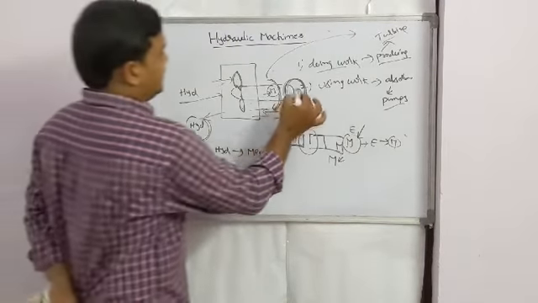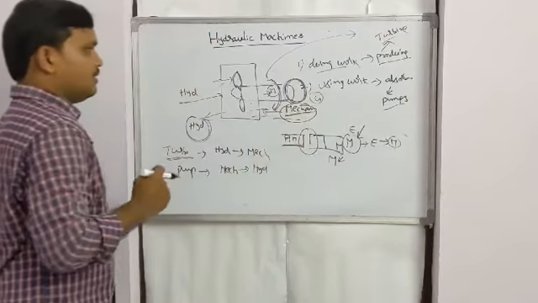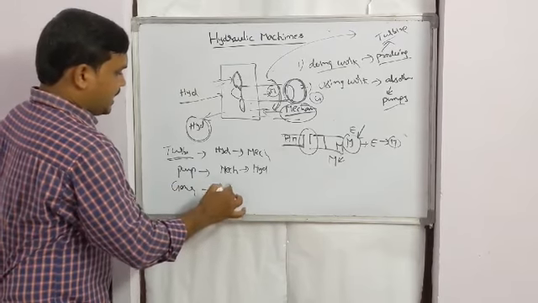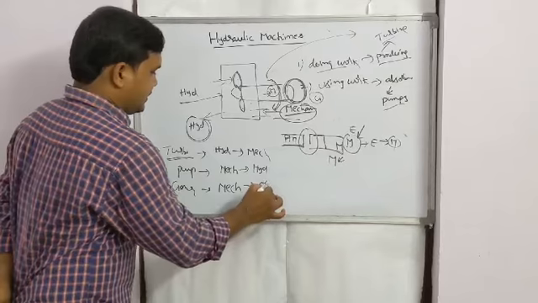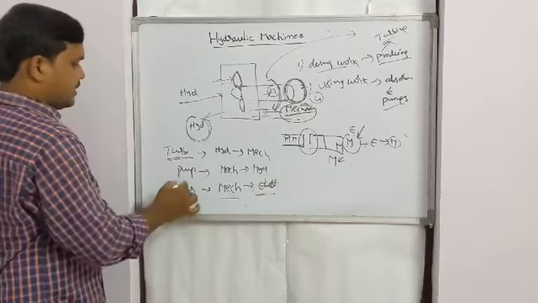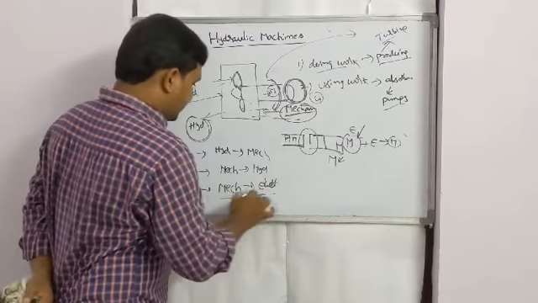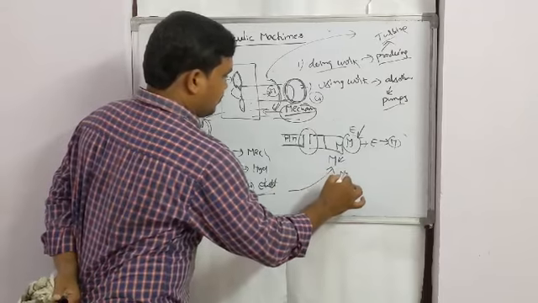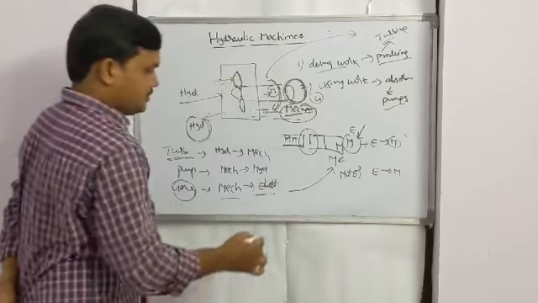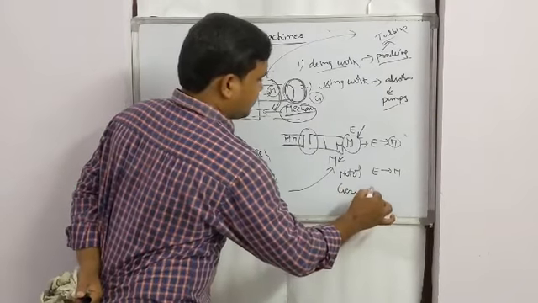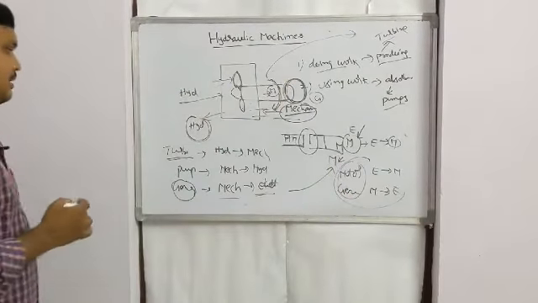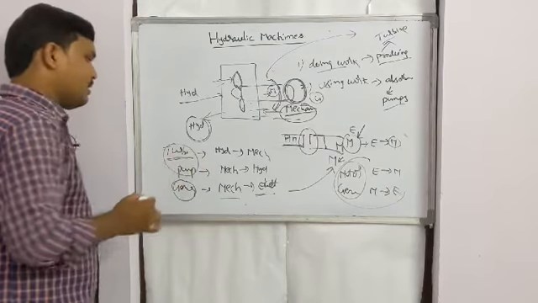What does the generator do? The generator converts mechanical energy to electrical energy. The opposite of the generator phenomenon is the motor. The motor converts electrical energy to mechanical energy. Motor and generator are vice versa, just as turbine and pump are vice versa.